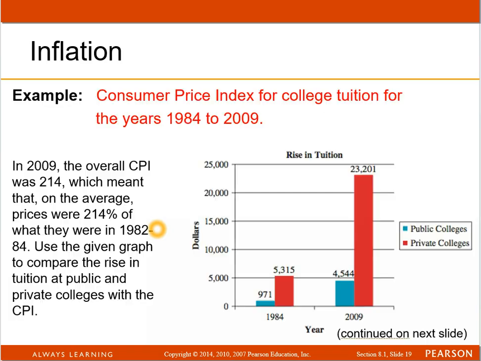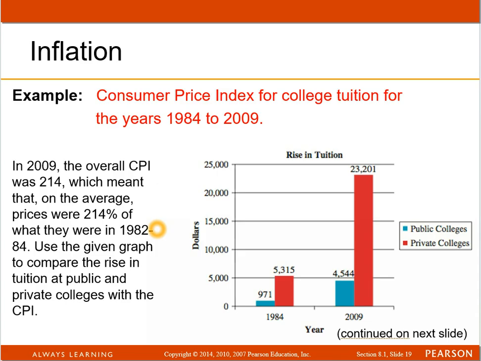So in this word problem here, we are looking at the rise in tuition. In 2009, the overall consumer price index was 214, which meant that on average prices were 214% of what they were in 1982 to 1984.